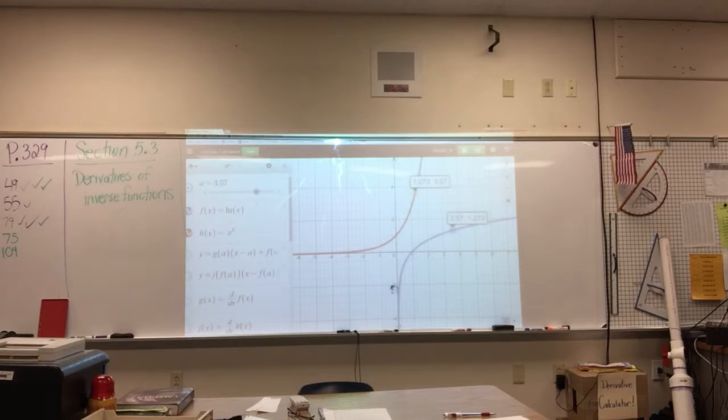Okay, there's also another interesting little thing about this, and that is this is the line y equals x. Is there anything interesting that the two functions are related using the line y equals x?